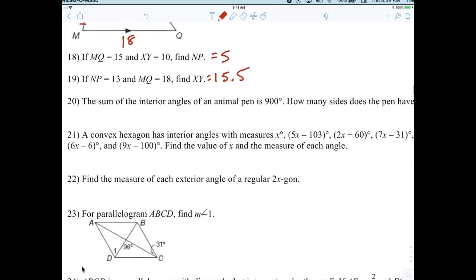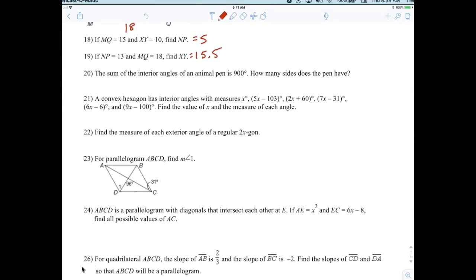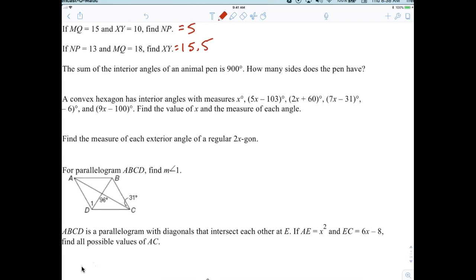Now it says the sum of the interior angles of an animal pen is 900 degrees. How many sides does the pen have? All right, so we would just say, the sum of the interior angles is equal to n minus 2 times what? 180.